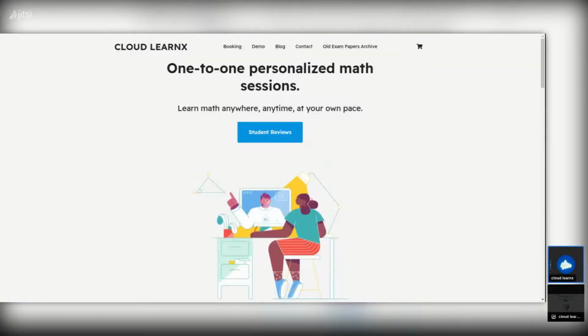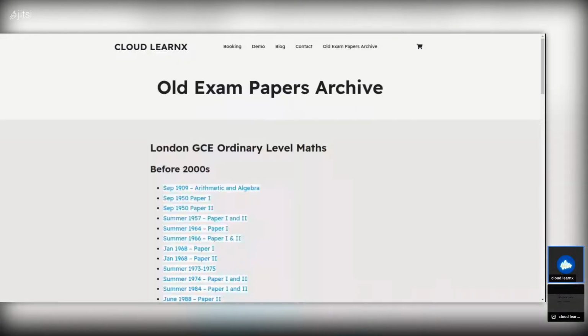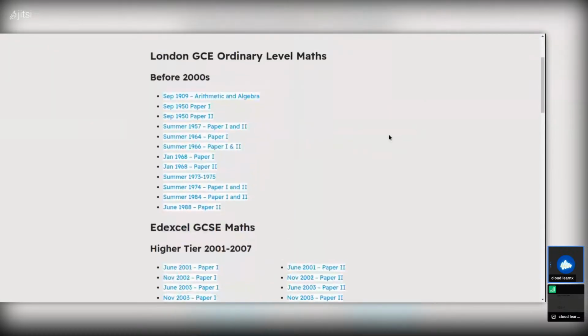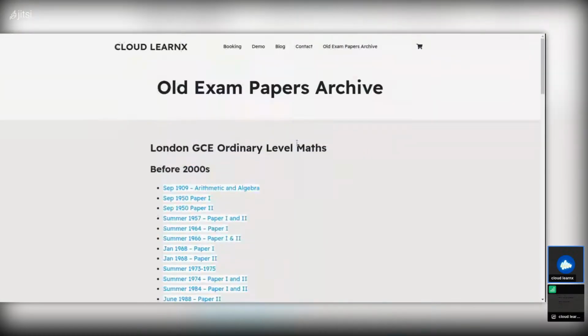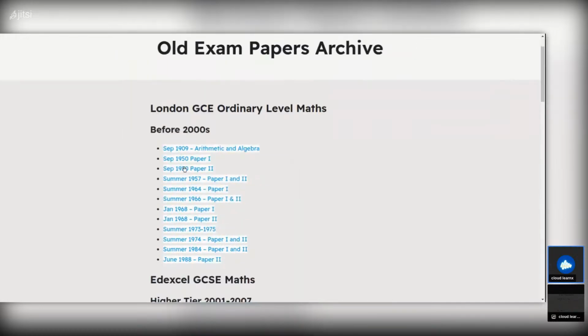If you go to our website, cloudlearnx.win, you can go to this old exam papers archive, where I've collected a lot of old exam papers from GCSEs, IGCSEs, specification A, spec B, all of that, starting from the 1950s, 60s, 80s. Now, some of those questions are too challenging.